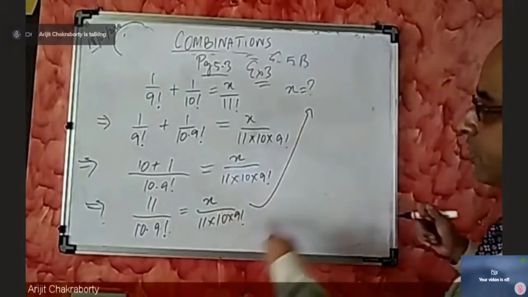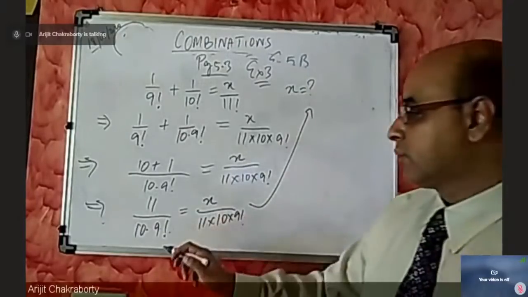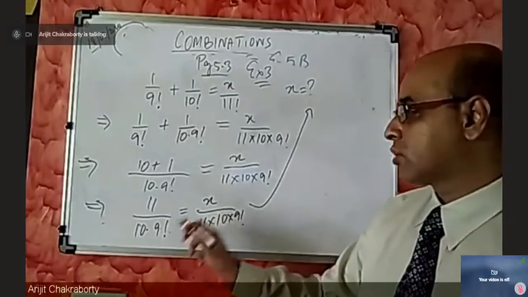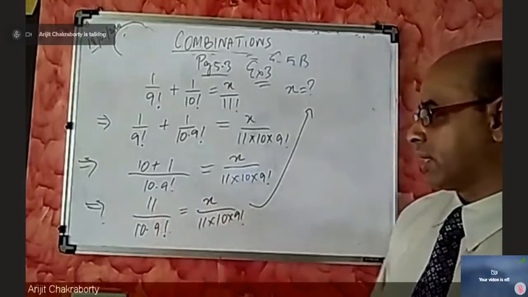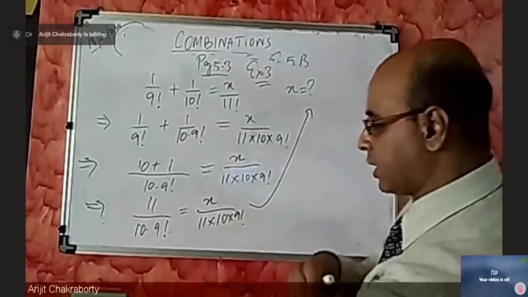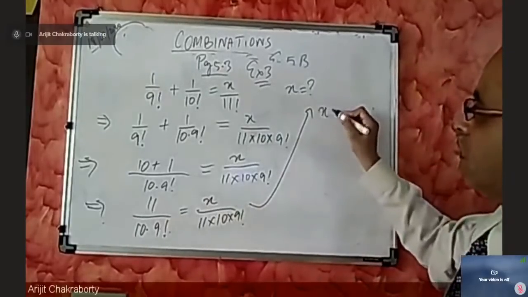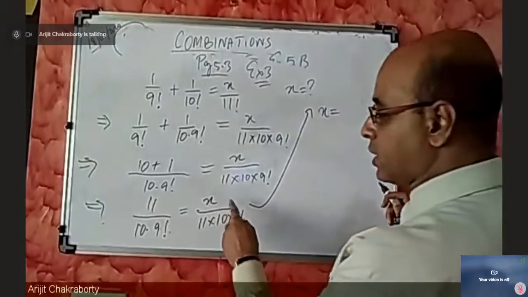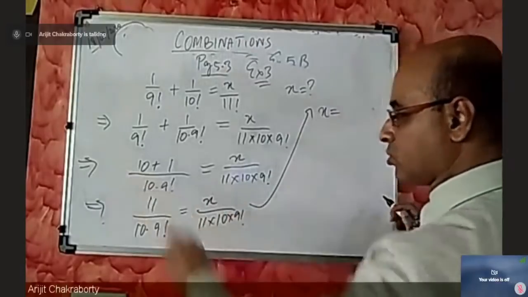Now we proceed. So now let us just cross multiply and see what we are getting. So from here x is equal to this expression will go to this side.